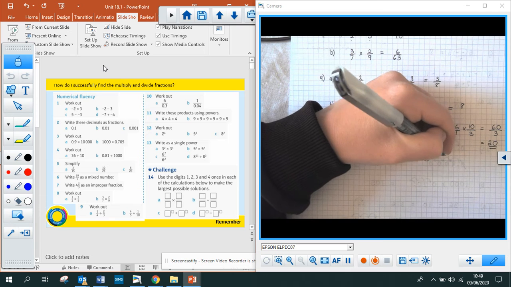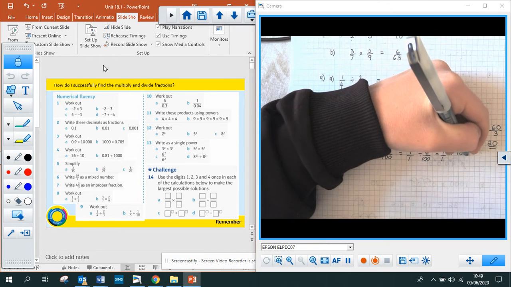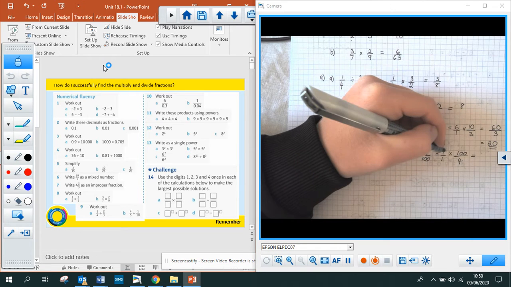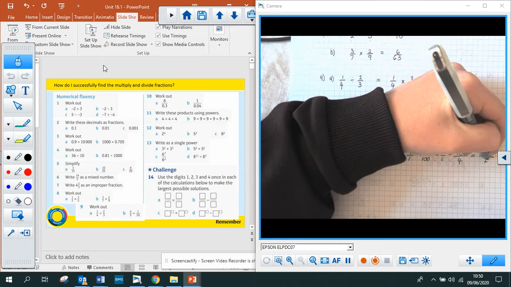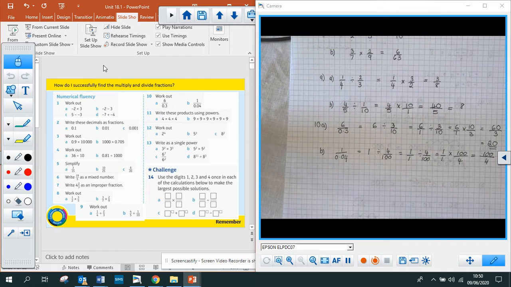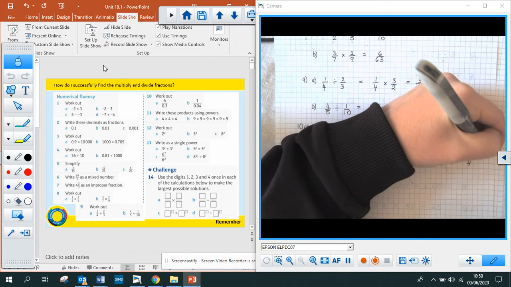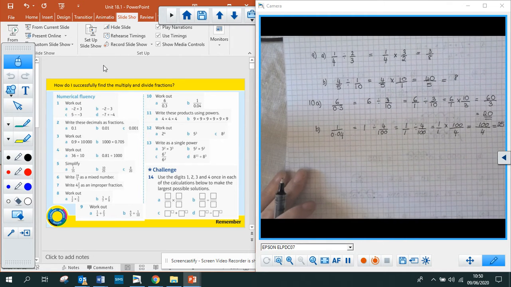So keep the first fraction, change the sign, flip the last fraction, multiply as normal. 1 multiplied by 100 is 100. 1 multiplied by 4 is 4. Then you say, can I simplify? Well, yes, because 100 divided by 4 is 25. 25 fours go into 100. And you're done.